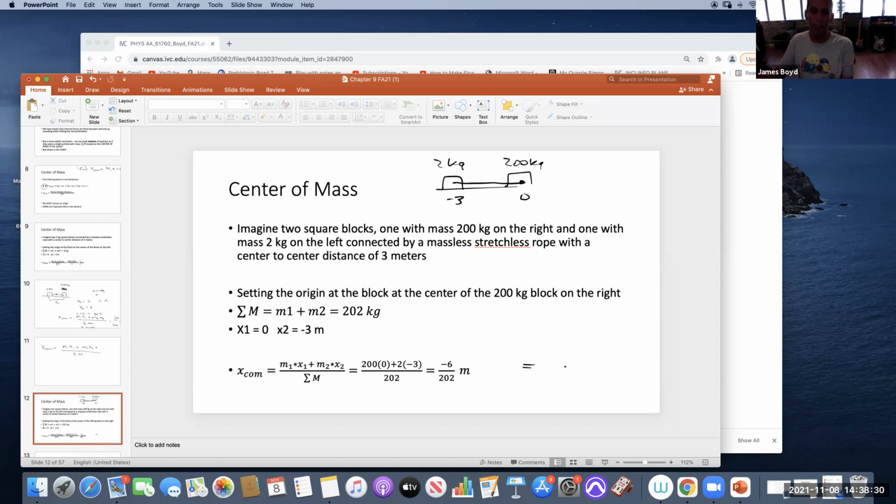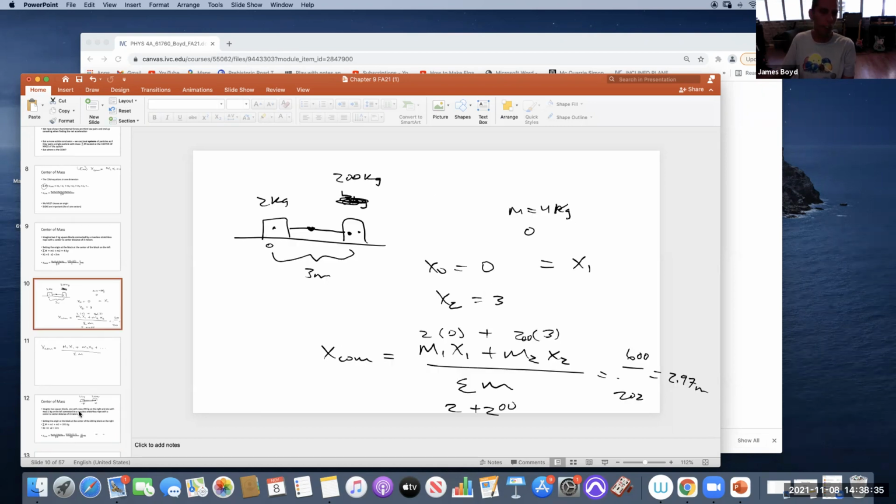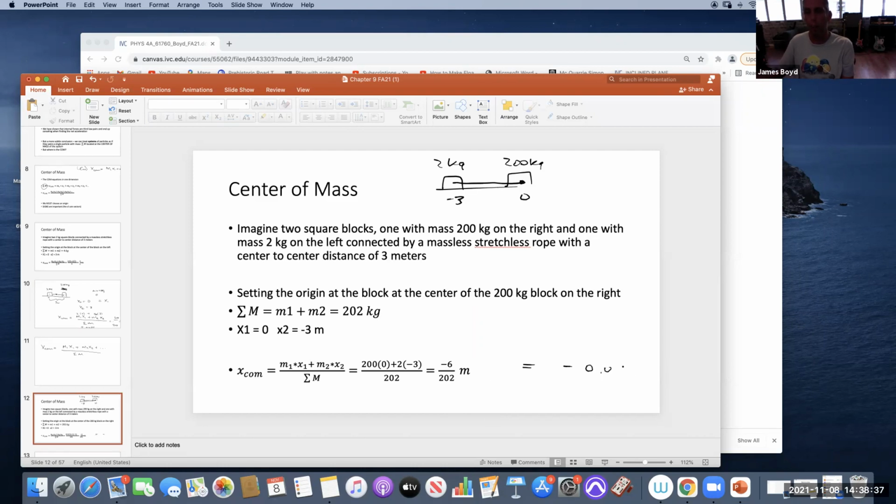This is going to be like minus, what did we get, 297? So this is going to be like minus 0.03 meters, meaning it's right here at minus 0.03 meters. It's going to give us the same answer relative to where we chose our origin. Just make sure you understand that.